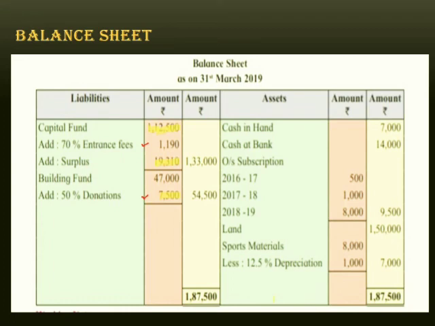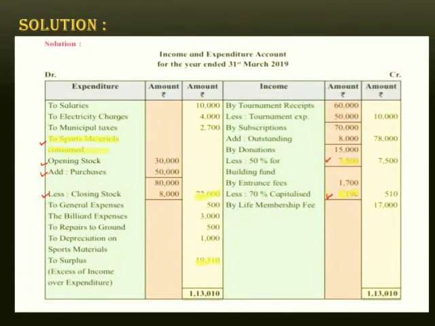Then we have completed all the receipt side, payment side, as well as the adjustments, meaning additional information. Now what do we have to do? We have to go to the income and expenditure account and see which side is more. So here the income side is more and the expenses side is less.